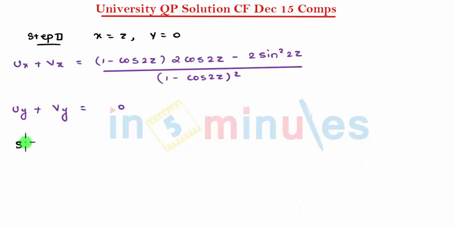Step 3 is ux is equal to vy and uy is equal to minus vx. We can use this as the CR equation is satisfied.